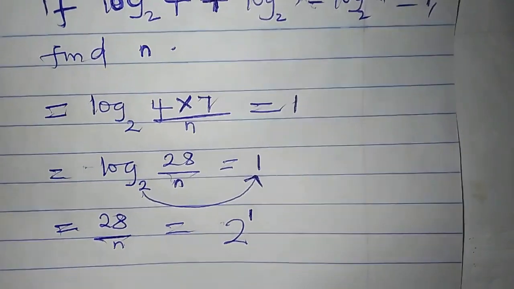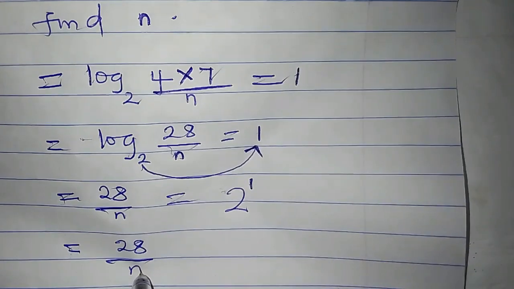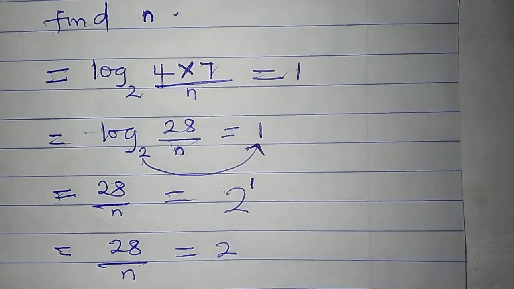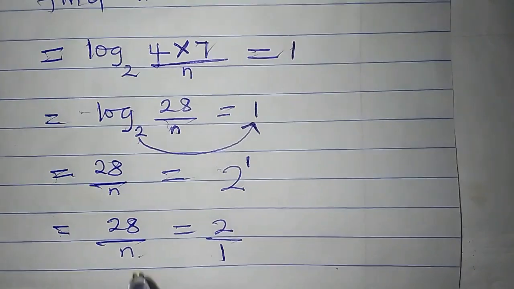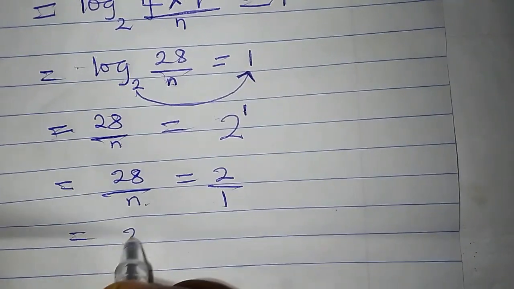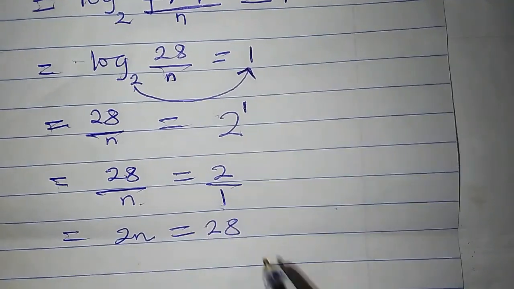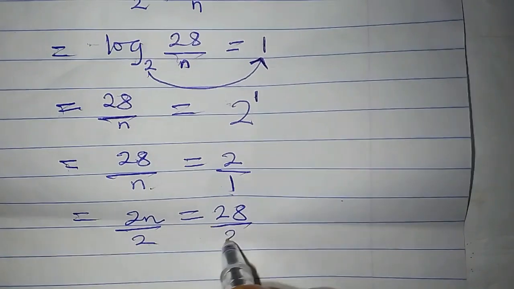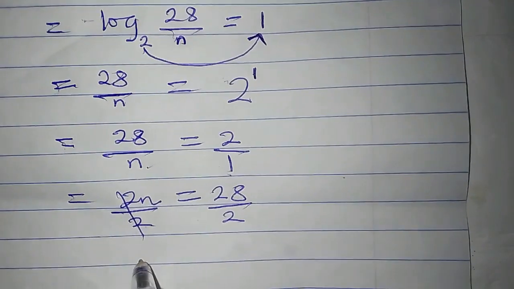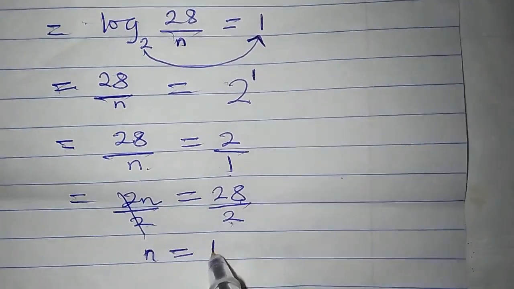Okay? And 2 to the power of 1 is 2. So 28 all over n is equal to 2. Cross multiply to eliminate the fraction. 2 times n, that's 2n, equal to 1 times 28, 28. To get n, divide both sides by 2. 2 cancels 2, so that n is equal to 28 divided by 2, which is 14.